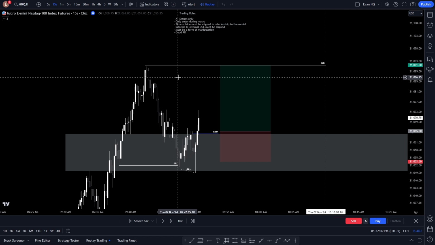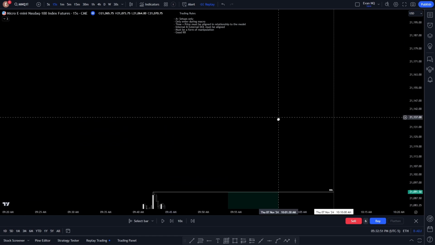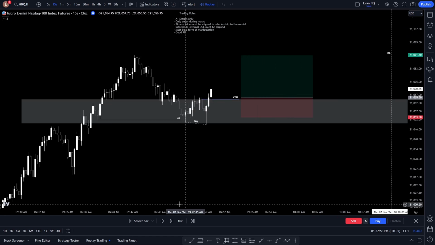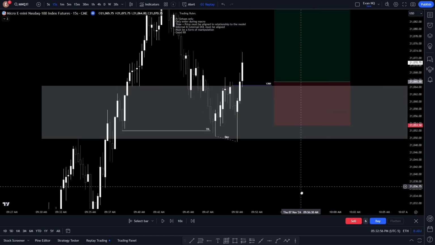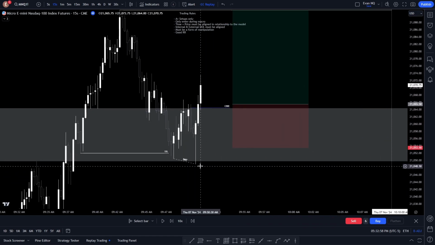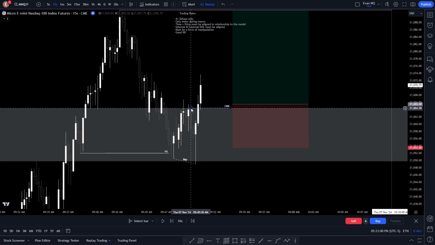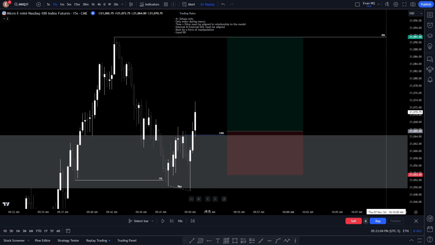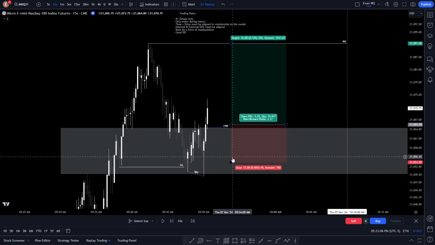I'm aiming towards my higher time frame daily bias, which is all-time highs. We have sell side swept. We have manipulation at the lows, and we have a change in the state of delivery, market structure shift, whichever you like to use.